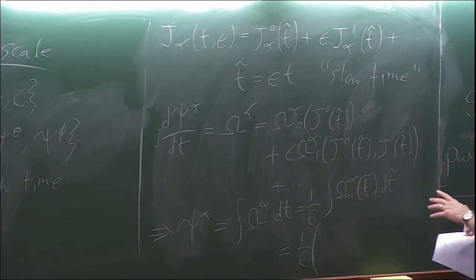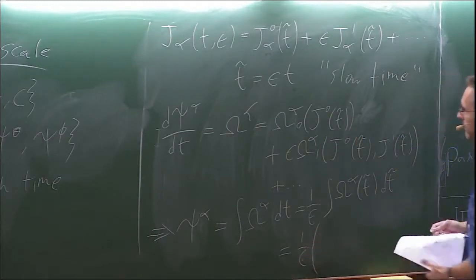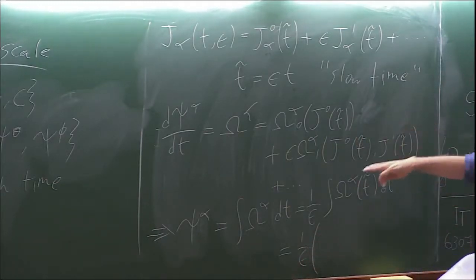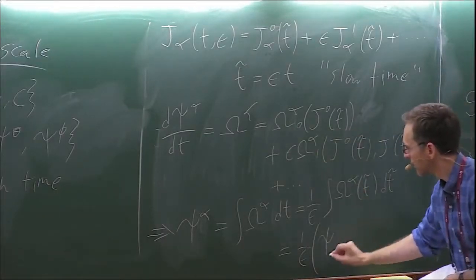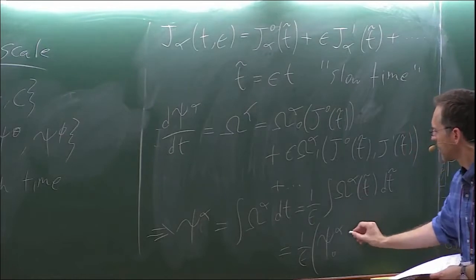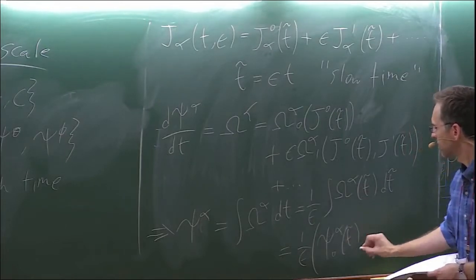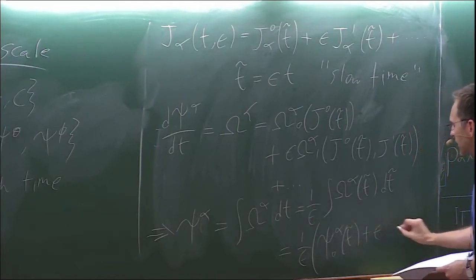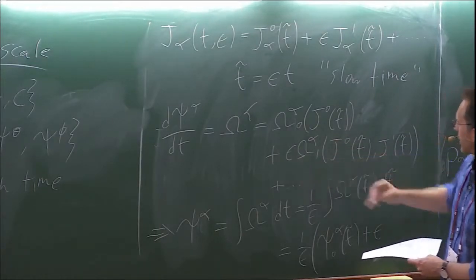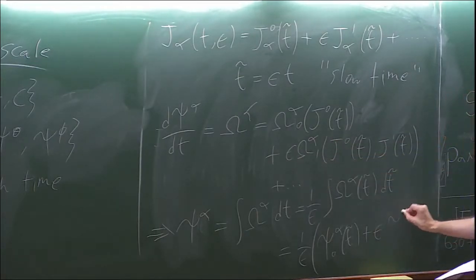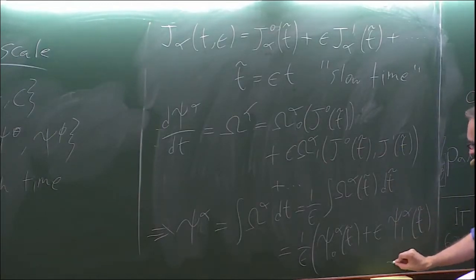So now we have the expansion I showed you before. We have an overall 1 over epsilon, and then we have a psi 0 that comes from the integral of this, plus order epsilon correction that comes from the integral of omega 1. And so forth to higher order.